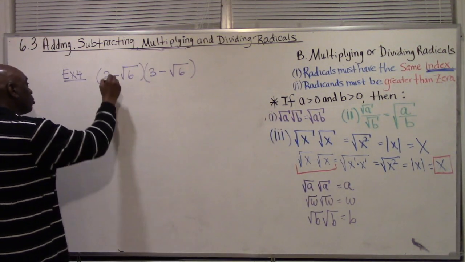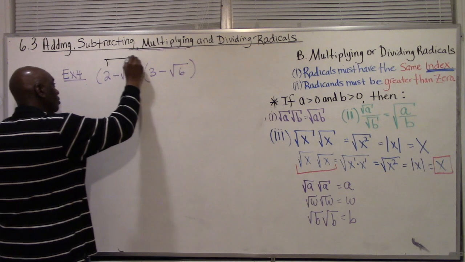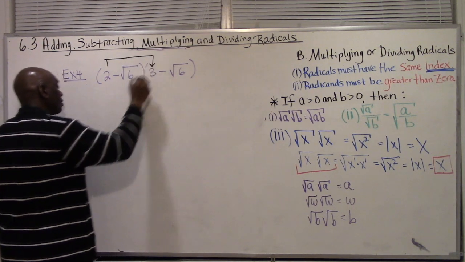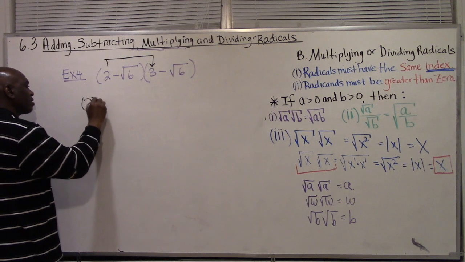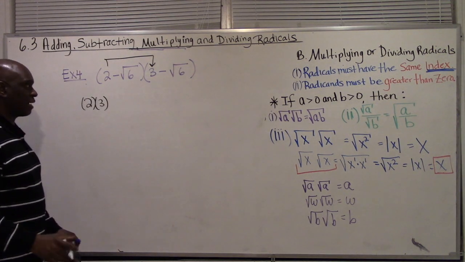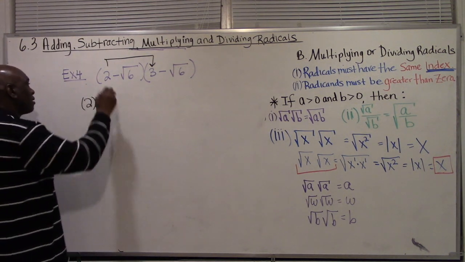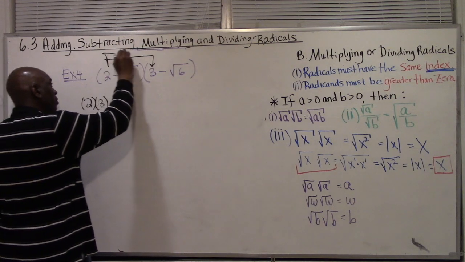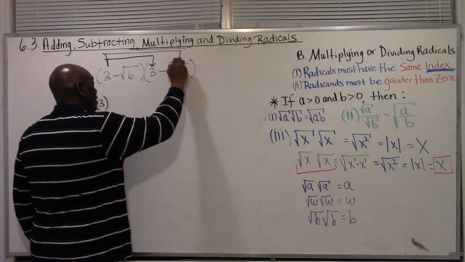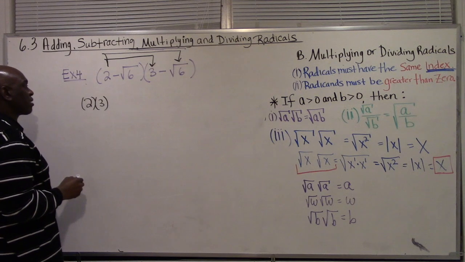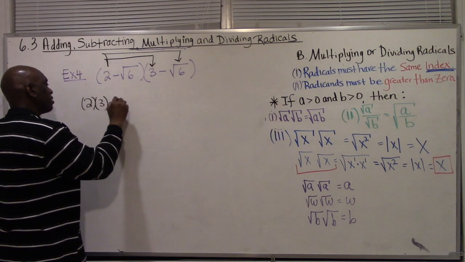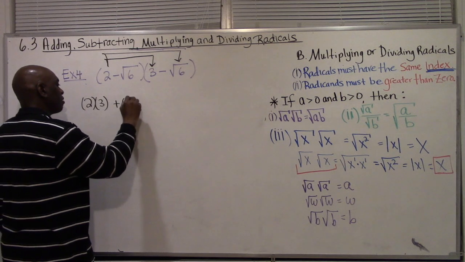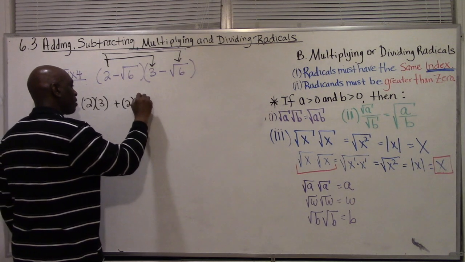So we have to take 2 times 3. So first I want to look at 2 times 3. Got it. Now it takes 2 times negative radical 6. So we're going to have a positive 2 times negative radical 6.